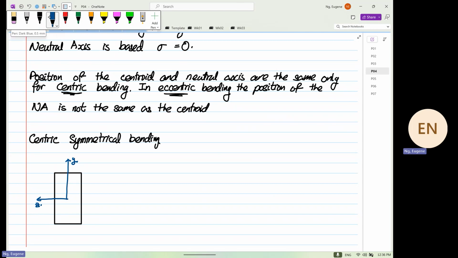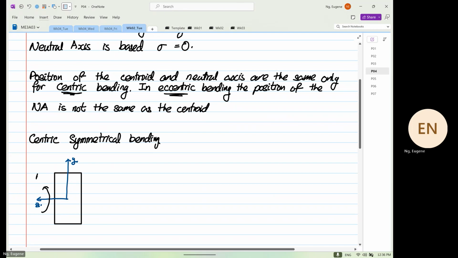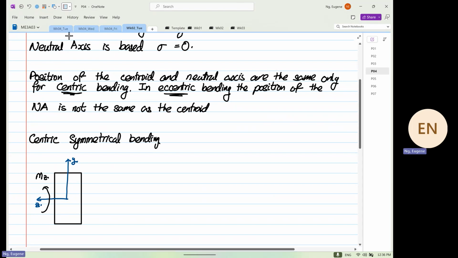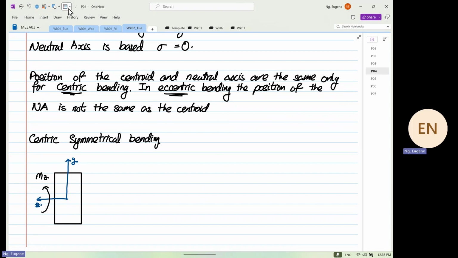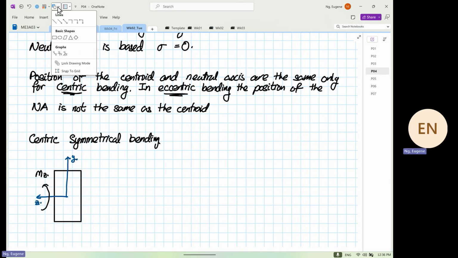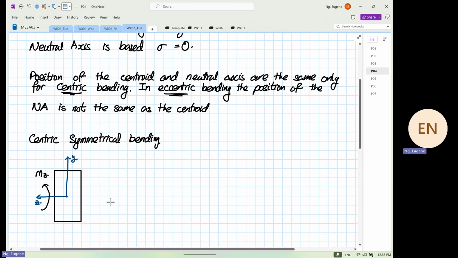And if we have our moment about Z in this orientation, then we sketch our graph. Okay, so I'm going to the graphing mode. I'm going to shift this a bit. Come on, Eugene. So now we're going to sketch.